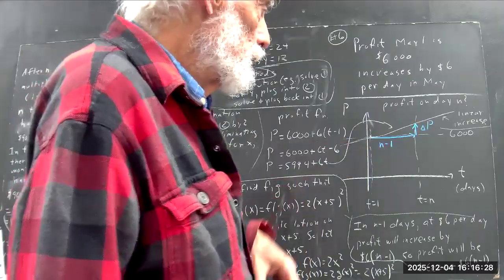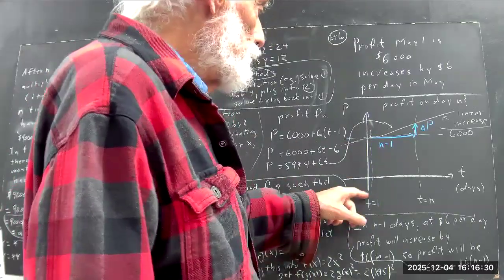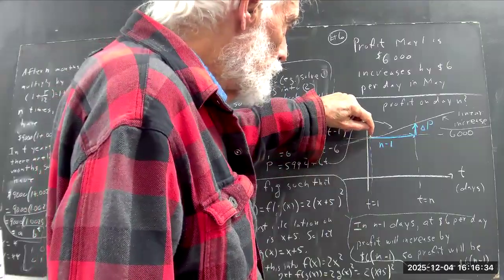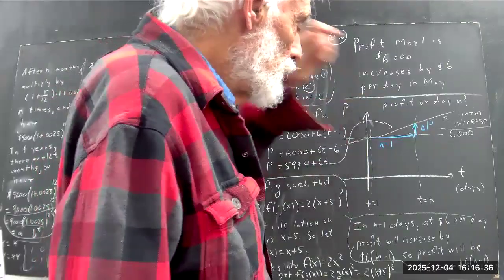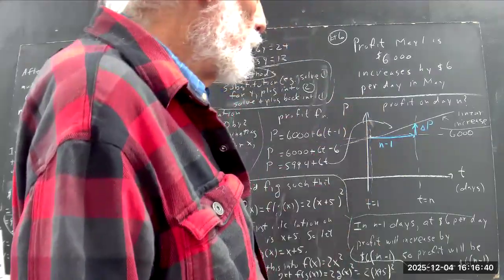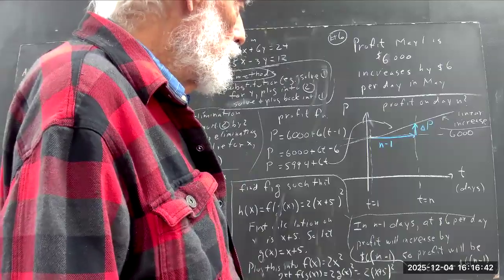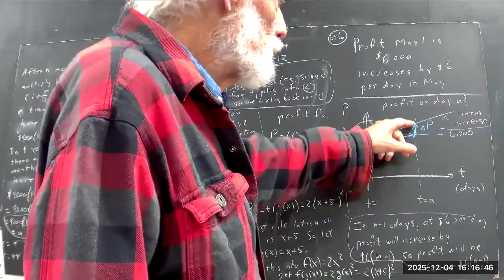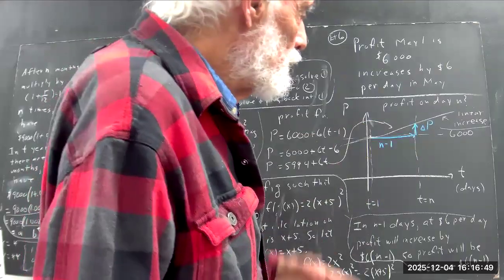So you have a graph that kind of looks like this. Between t equals 1 and t equals n, your change in time would be n minus 1. So maybe that's an n minus 1 day time interval. And you want to figure out what the change in p is.